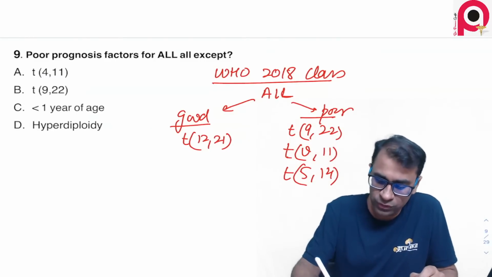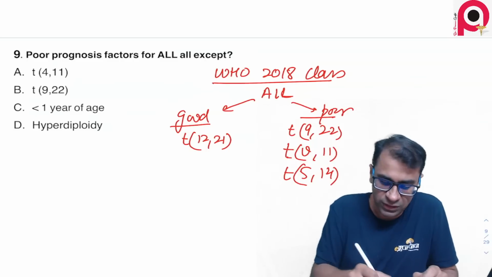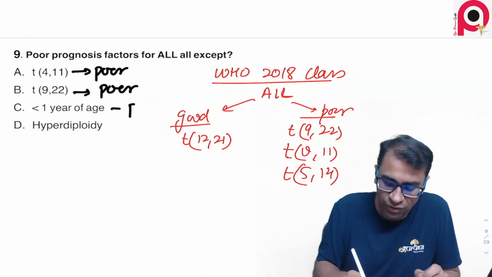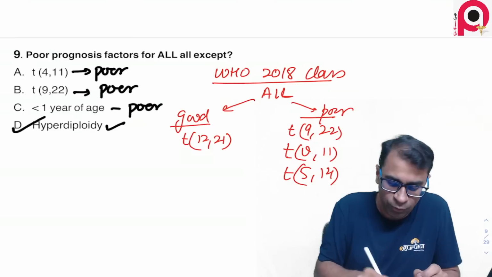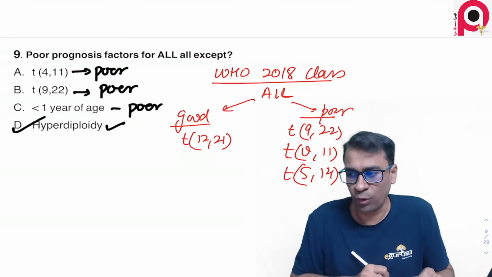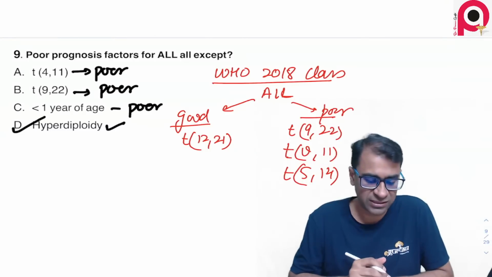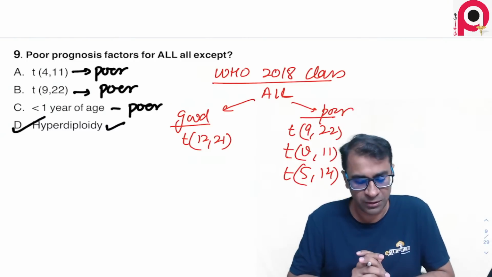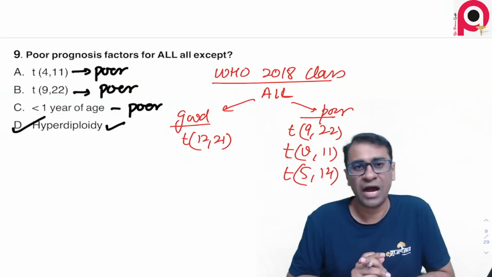So these are all poor prognosis: 4;11 is poor, 9;22 is again poor, less than 1 year is poor, and hyperdiploid is the right answer because it has a good prognosis. So the correct answer to this question should be hyperdiploidy.